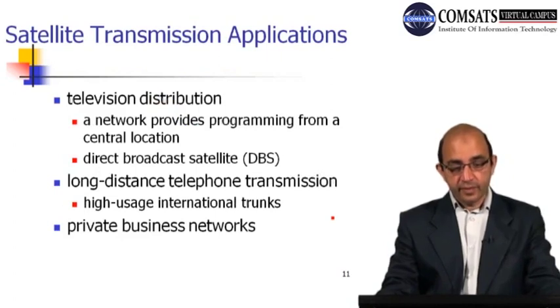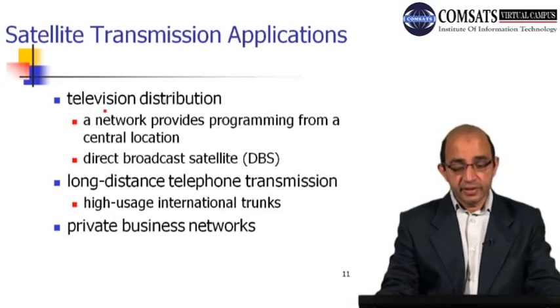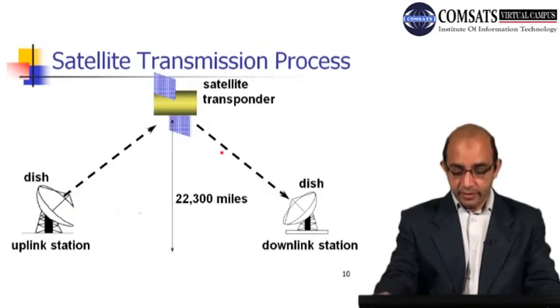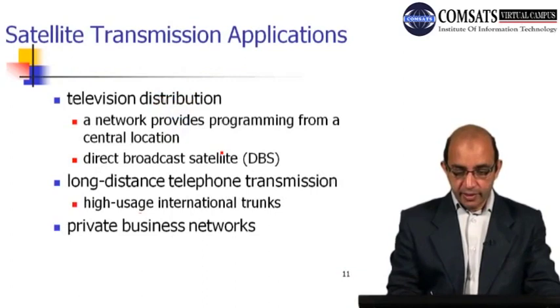We have different applications. You can see we can have dish antennas where the television services are distributed or broadcast, and all the dish antennas are receiving at the same time. So there should be a transmitter, right? So the scenario should be like this.